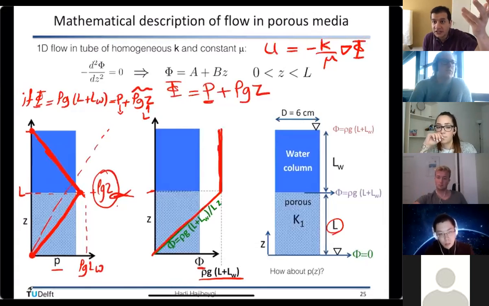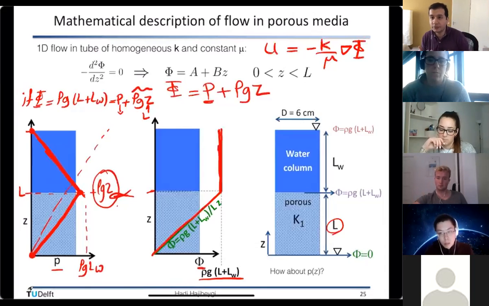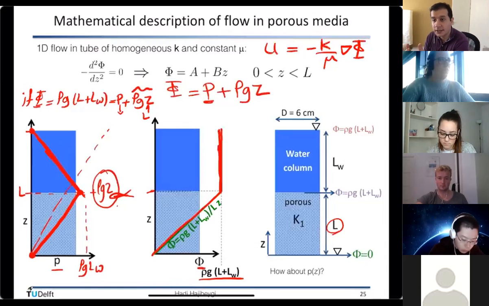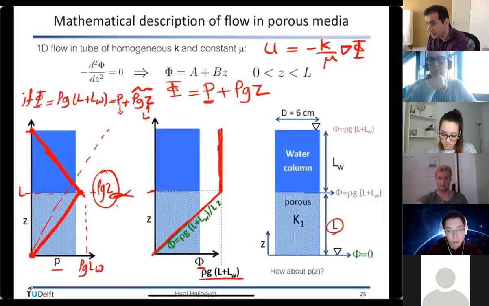The thermodynamic part of the pressure is P. P is the part that goes into the equation of state to decide whether you have water in the liquid phase or vapor phase.